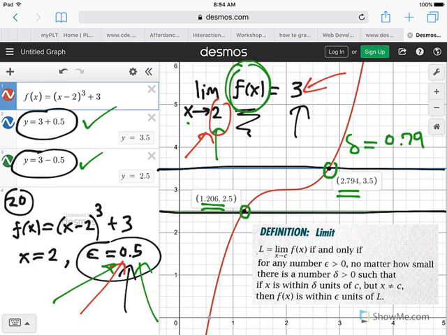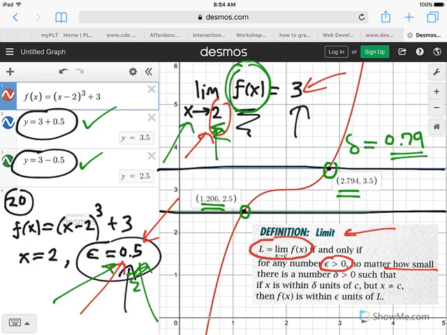So whenever you have input values for the function that were within 79/100 of C, the output values for the function will be within 5/10 of the limit. So what is the mathematically precise definition of limit stating? It's stating that the limit of f of x as x approaches C is equal to L if and only if for any epsilon greater than 0, no matter how small.